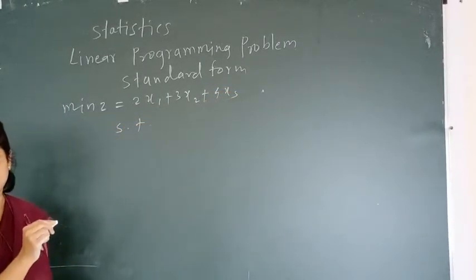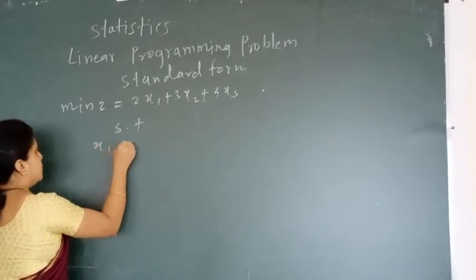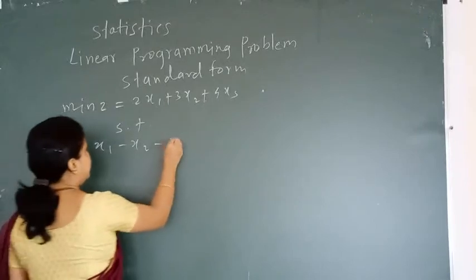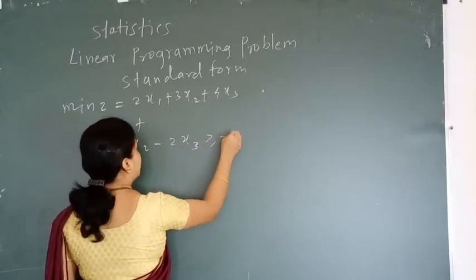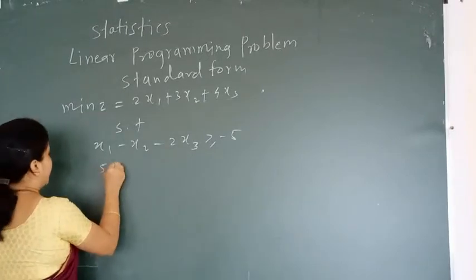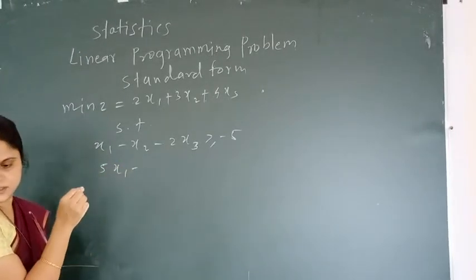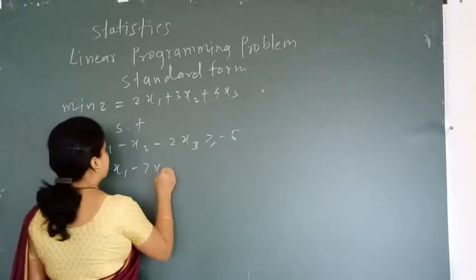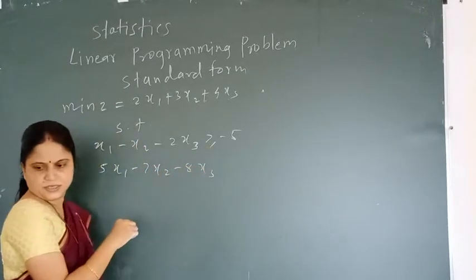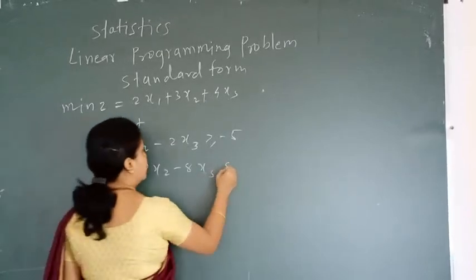I have the constraints as x1 minus x2 minus 2x3 greater than or equal to -5. Next constraint will be 5x1 minus 7x2 minus 8x3 less than or equal to 12.